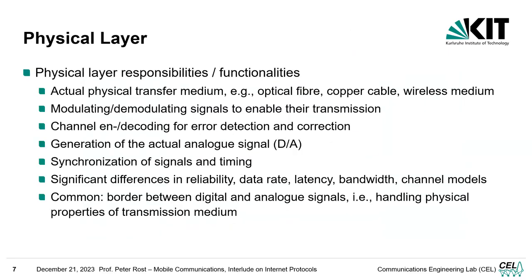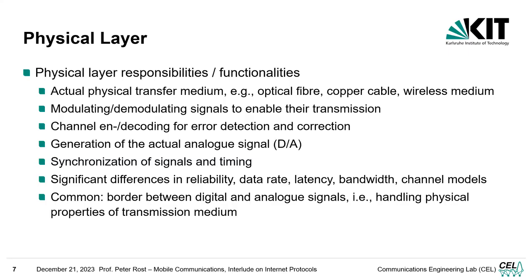Okay, now let's go through the different layers. The first layer is the physical layer, and the physical layer is concerned with the actual physical transfer medium. That could be an optical fiber, copper cable, or wireless medium. It takes care of modulating and demodulating the signals in order to enable the transmission.